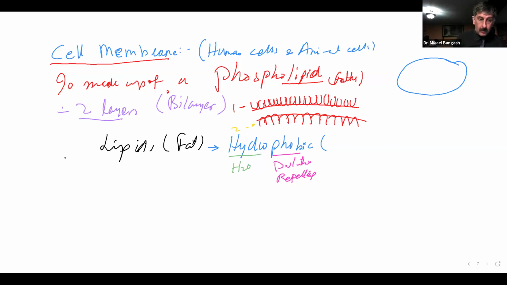And one topic that we'll come across is, how is it that substances may be able to pass into the cell from the outside of the cell, or leave the cell to outside the cell? Because 99% of your cytoplasm is water.